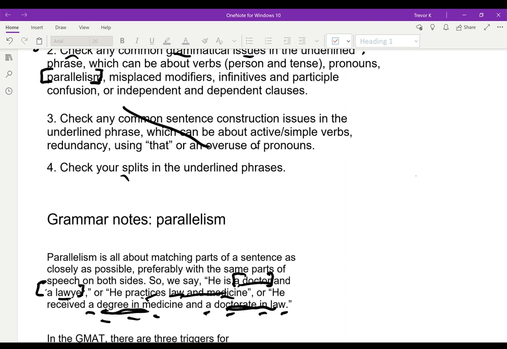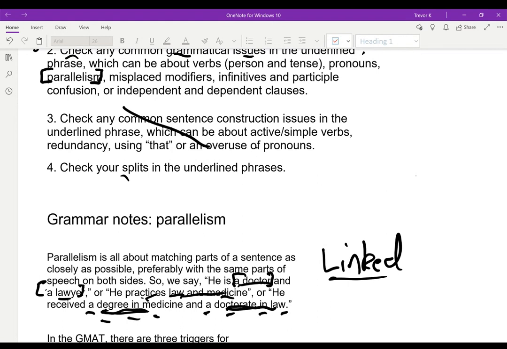Now, why do we do this in English in general? Well, we just want to clearly convey to our listener or reader that these are linked to each other. I want to make it clear to my listener or reader, okay, things are connected. A doctor and a lawyer are connected. Law and medicine are connected. So that's really the point of this.